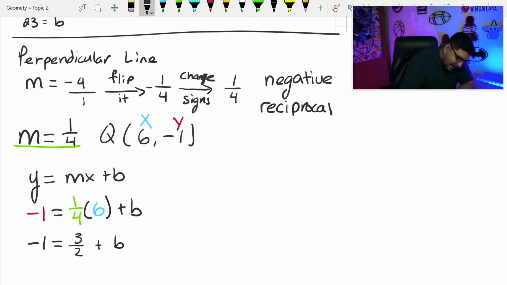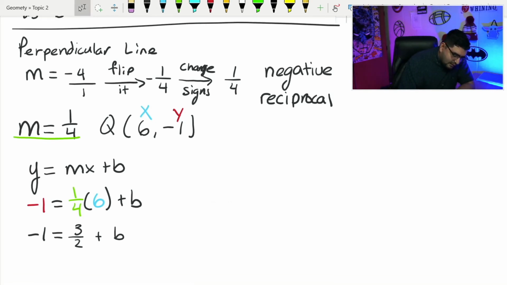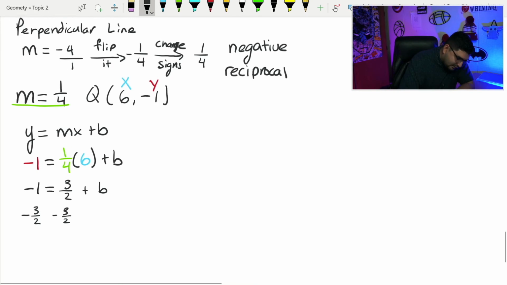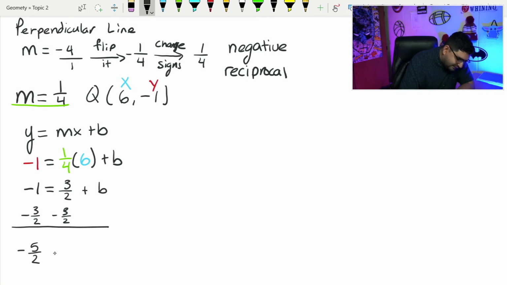We can subtract from each side the 3/2. -1 minus 3/2, if you do that correctly, you get -5/2 equals b.